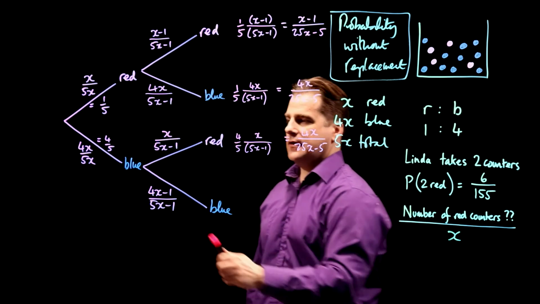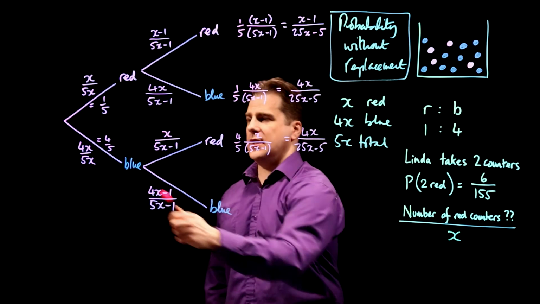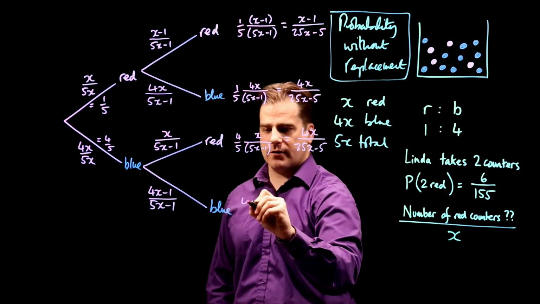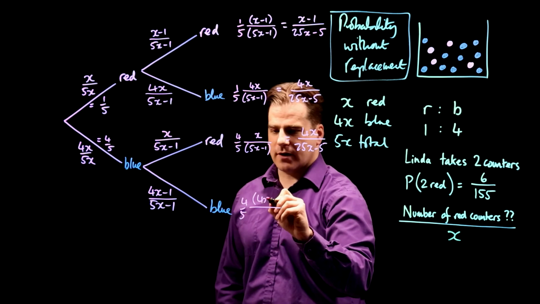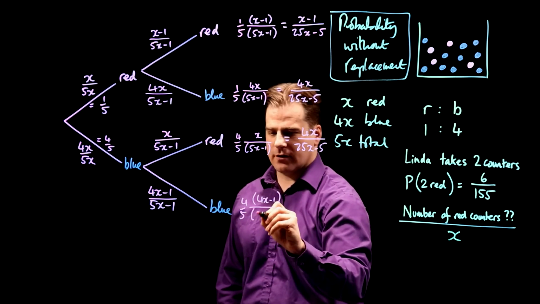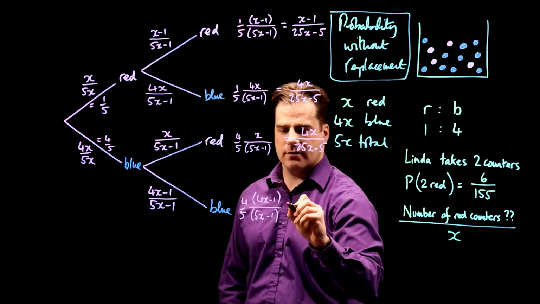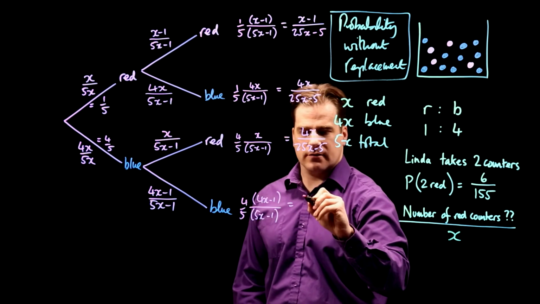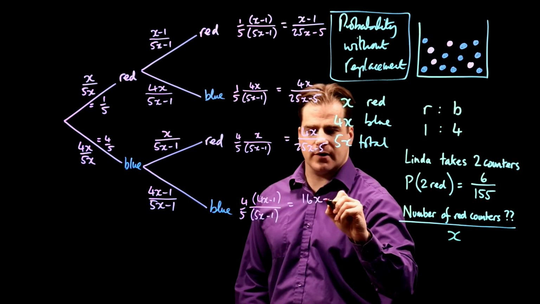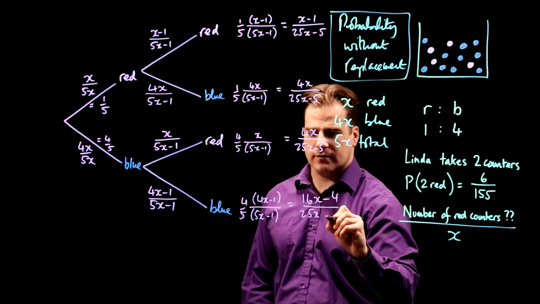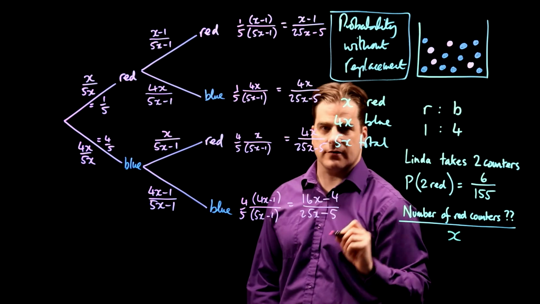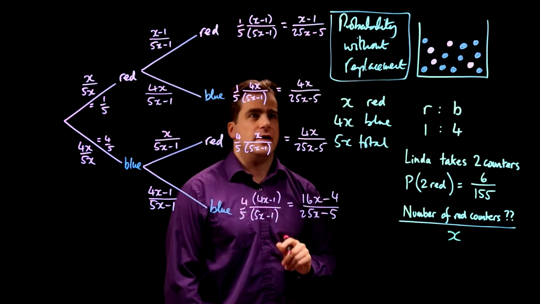And finally, probability of a blue then a blue is 4/5 times 4X minus 1 over 5X minus 1, which is 16X minus 4 over 25X minus 5. Okay, so there you are.